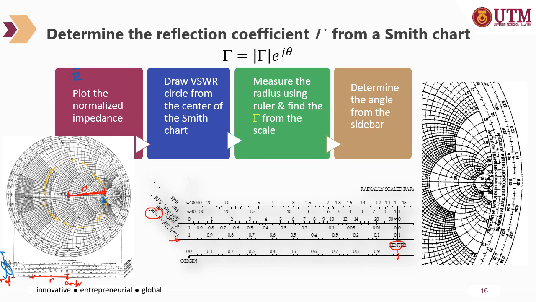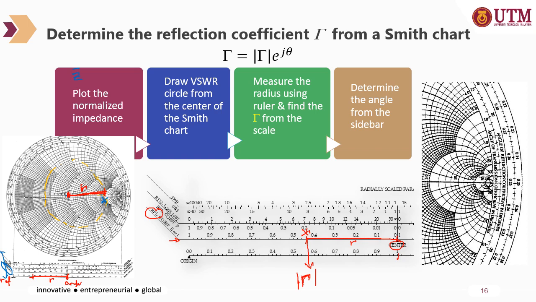So place the same radius R onto the scale, for example here, and you'll get exactly the magnitude of your reflection coefficient.